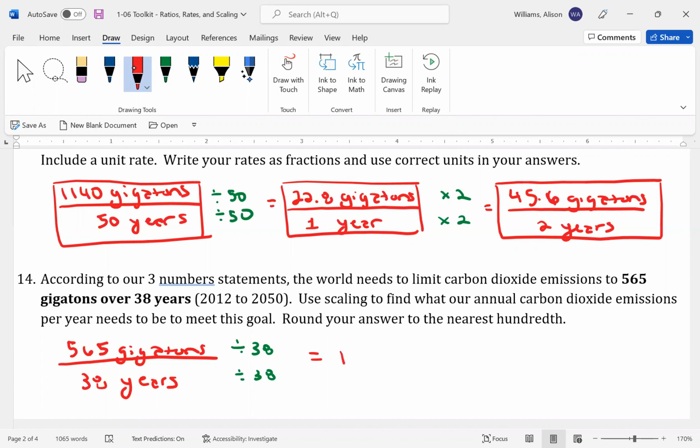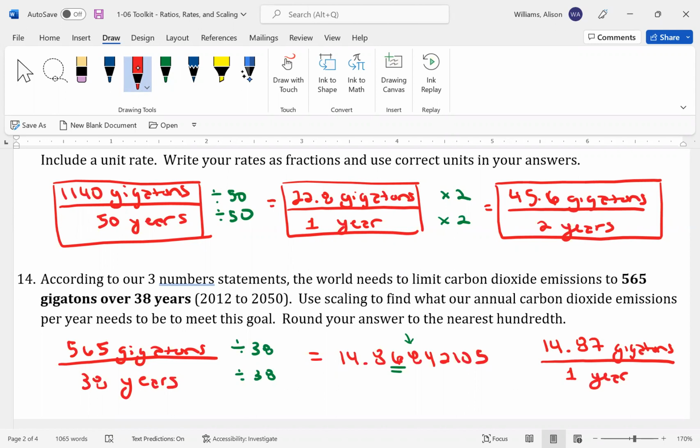So that means here, I'm going to write it out, 14.86842105, and it keeps going. Okay, but the nearest hundredth for us, this is in the hundredths place. So looking at the number next to that, it's going to round up. So this would round to 14.87 gigatons per year.